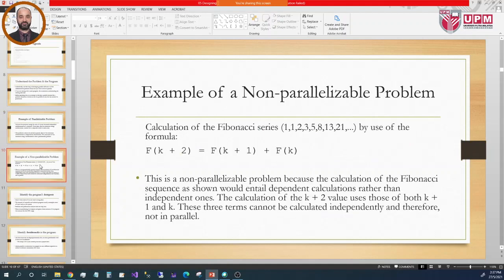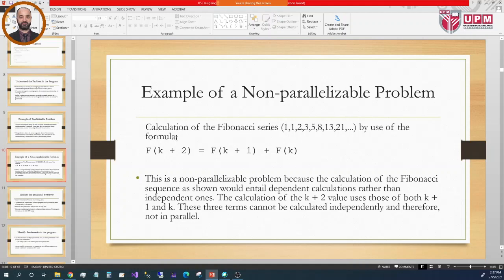Okay, let us come here and see an example of a non-parallelizable problem. This is actually a very common example: the calculation of the Fibonacci series. The Fibonacci series is a very common example when we talk about parallelization. Why?